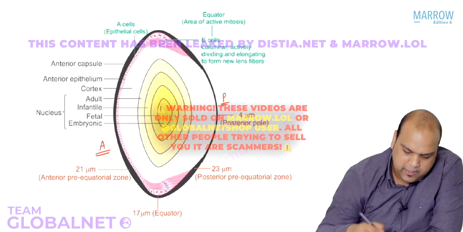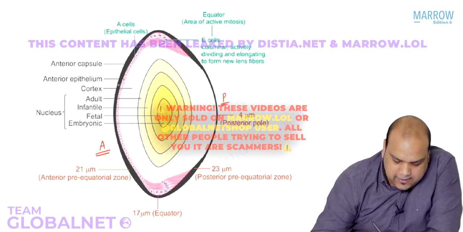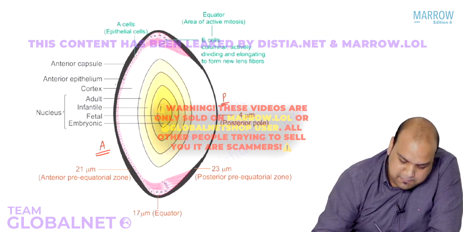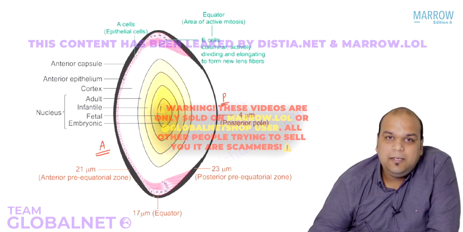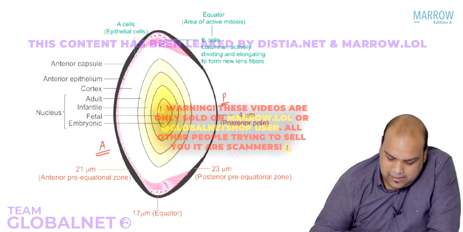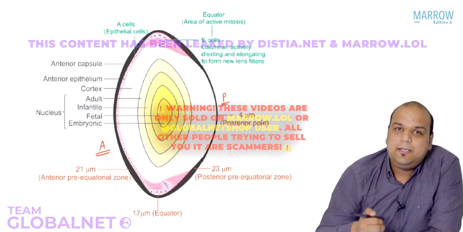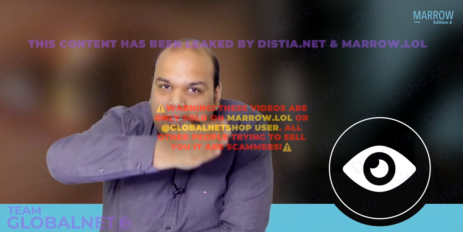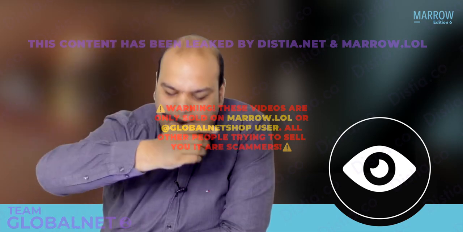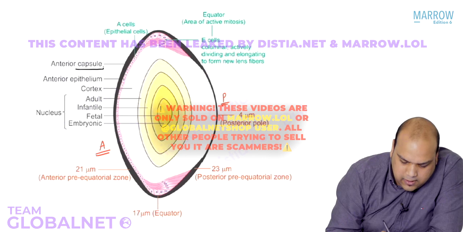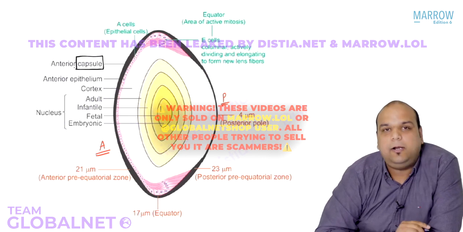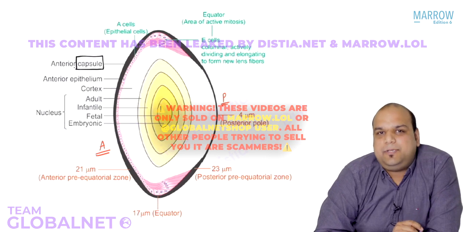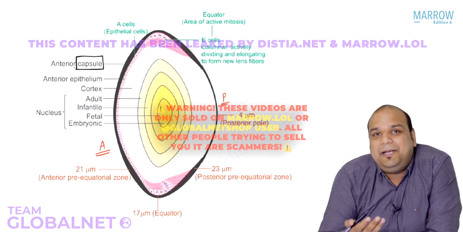Now, the anterior most layer, or I can say the outermost layer, is this black line that is continuing, but this line is anteriorly as well as posteriorly present. So I can basically say that the outermost layer is continuous around the lens 360 degrees, and it is called the capsule. So what is the capsule? Capsule is a basement membrane.